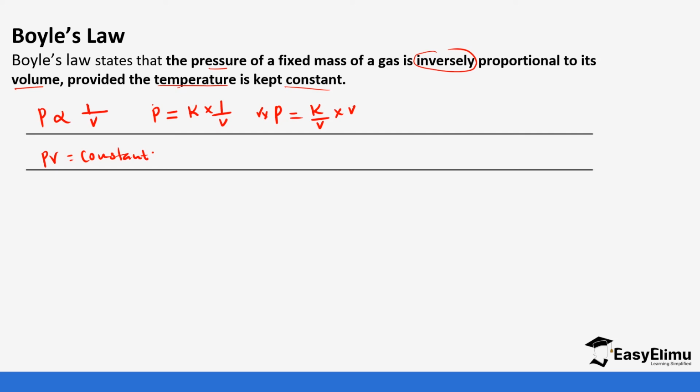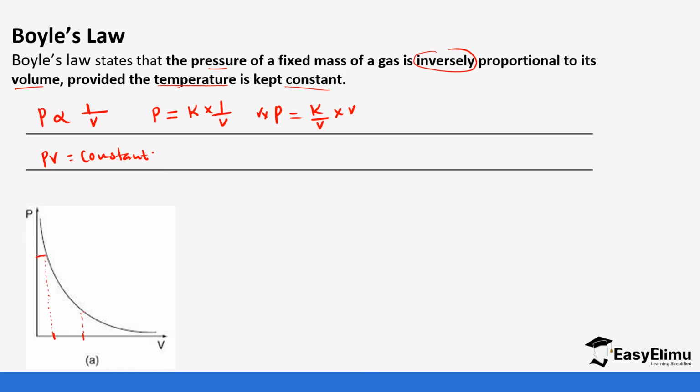If we look at the graph of pressure against volume, you notice that the graph we get is usually a curve. So when we say that the pressure is inversely proportional to volume, if we pick specific points on the graph, you can use the graph to explain the law. Let's say we pick a specific volume, and then we pick another point that is increasing.